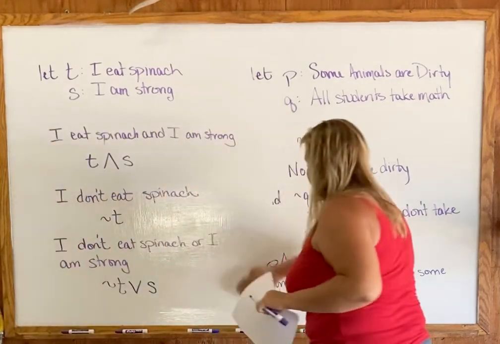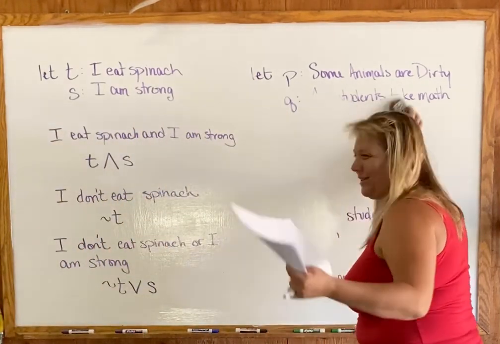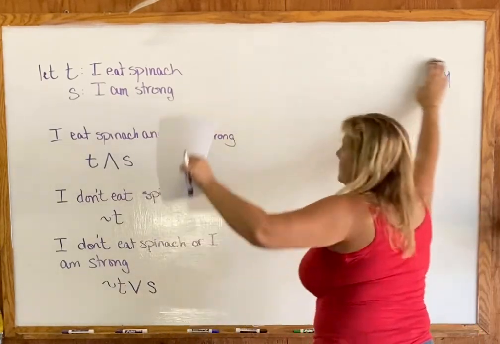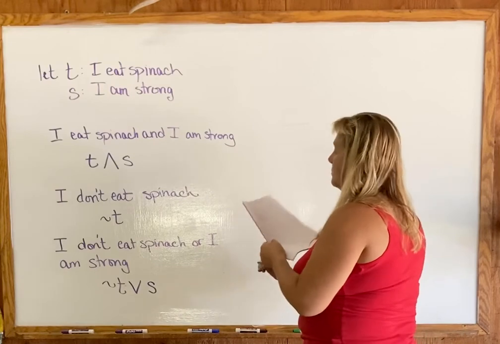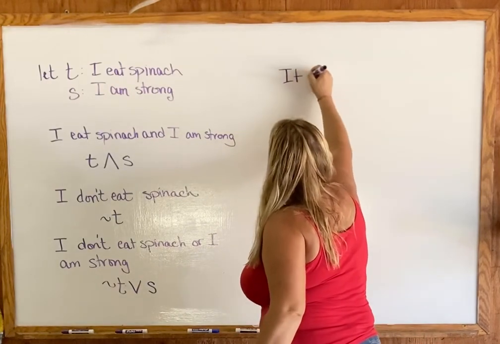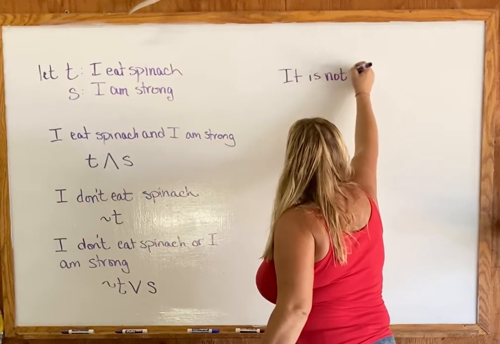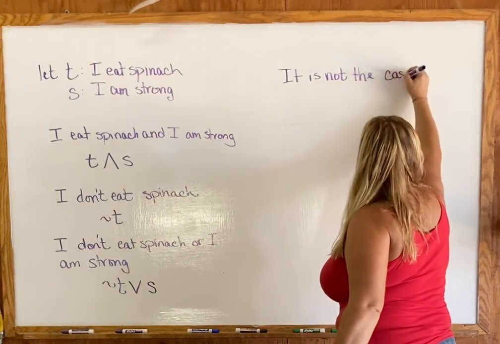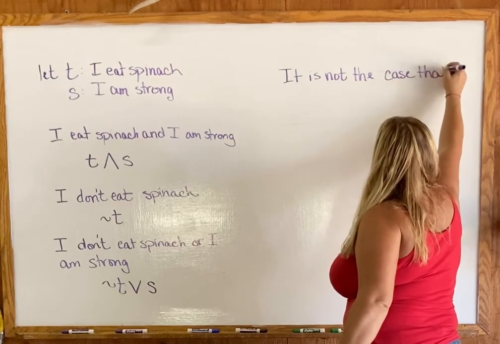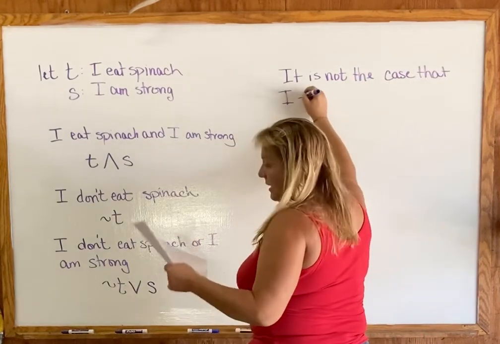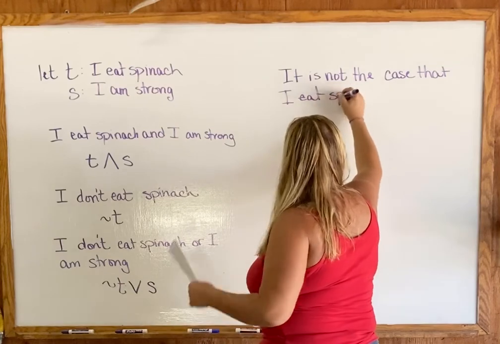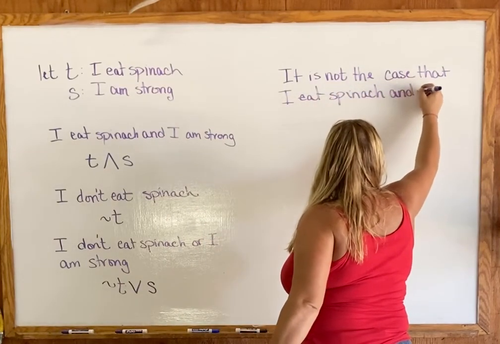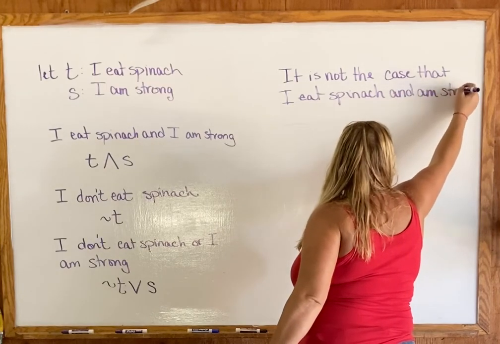All right, now I'm going to make it difficult. Well, maybe, I don't know. It just depends on how your grammar works here. Okay. So sticking with our T and our S, it is not the case that I eat spinach and am strong.